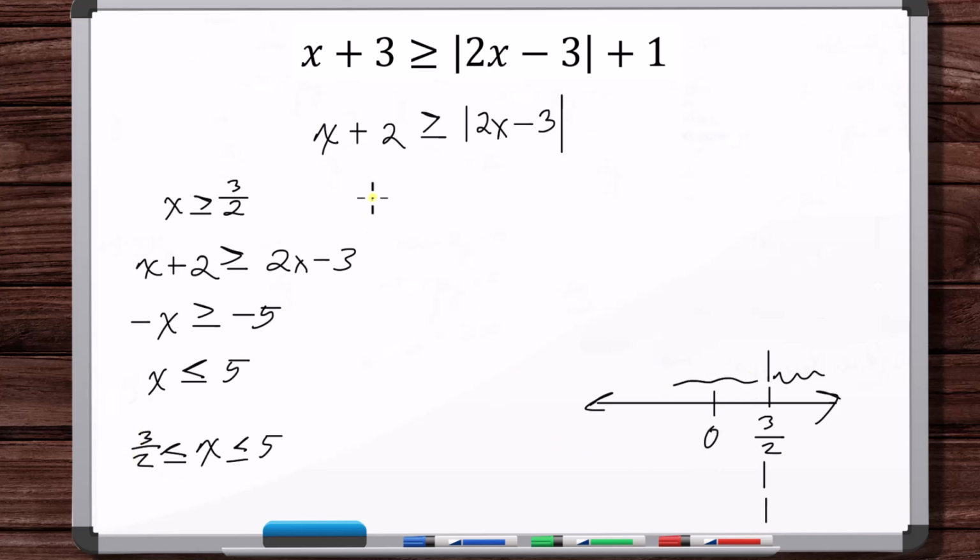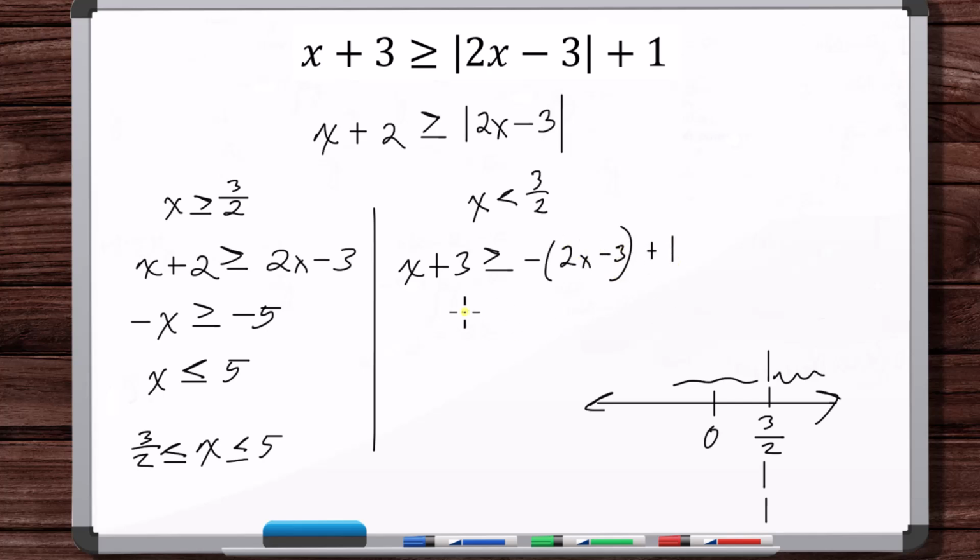Okay, now let's do the left side. When x is less than 3/2, 2x minus 3 is going to be negative. So we do this. Now we've got minus 2x plus 3 plus 1.